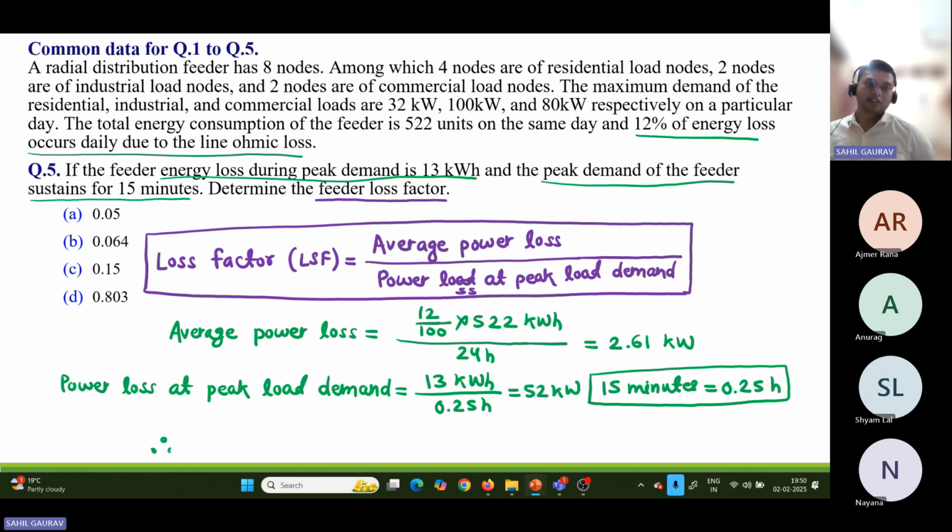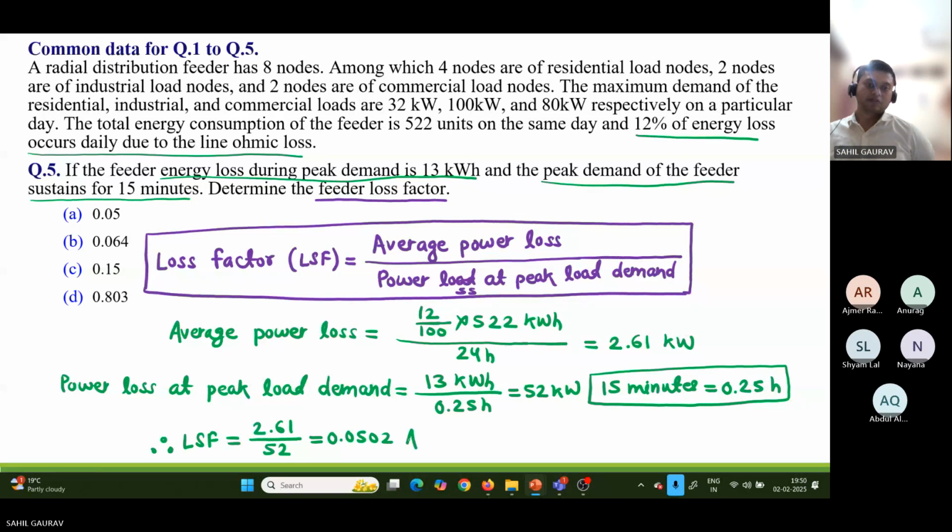Hence you will find the loss factor as 2.61 upon 52. So the answer is 0.0502. So if you see, the approximate answer is A, 0.05.